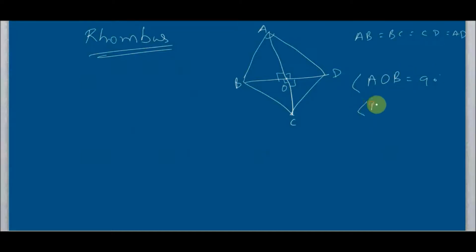Similarly, angle AOD equals 90 degrees, and similarly angle COD and BOC also. But these angles are not equal to 90 degrees. Clear? And all the sides are equal. This is called a rhombus. Clear?